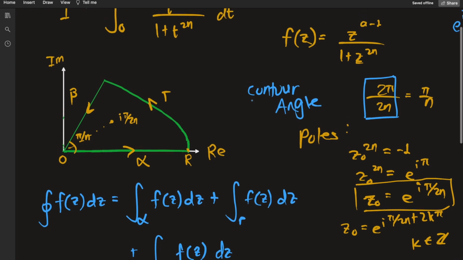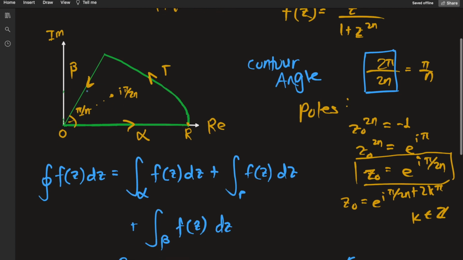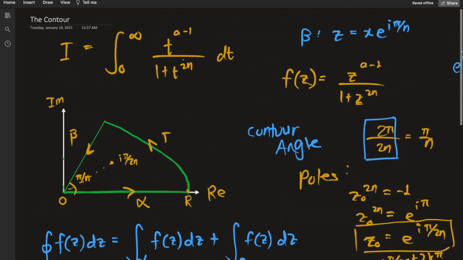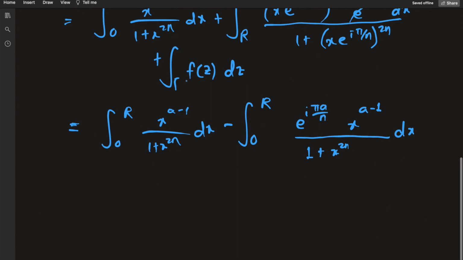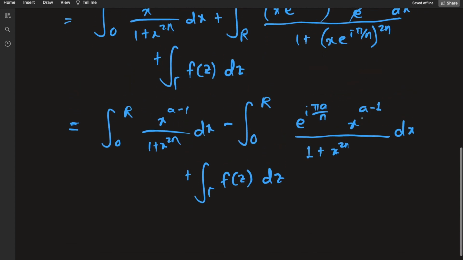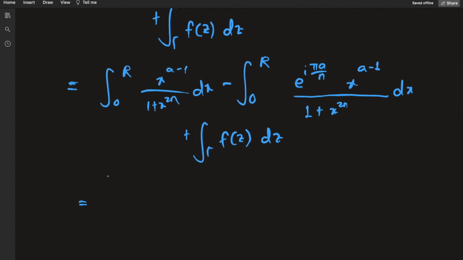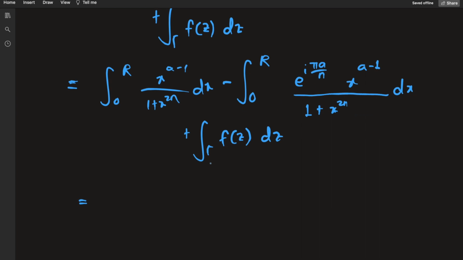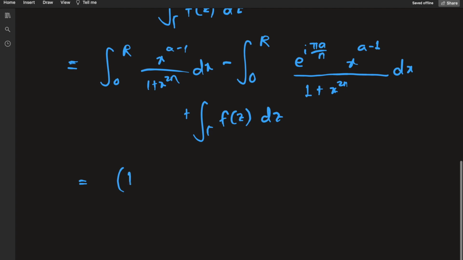And that's precisely why we chose a contour like this, using this trick to choose the contour angle. That's so that, when we make a parameterization on this second branch, when we are returning to the origin, we get the same denominator as before. Because now we can club the integral over alpha and the integral over beta together. They have the same numerator and denominator, and this is just a factor which can be factorized out: 1 minus e to the i pi a over n.